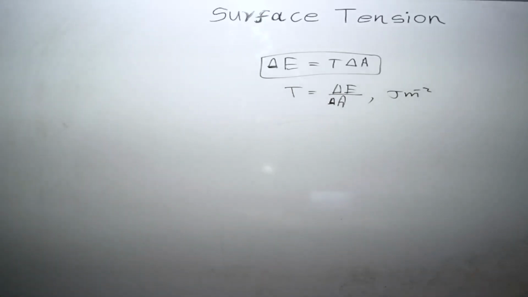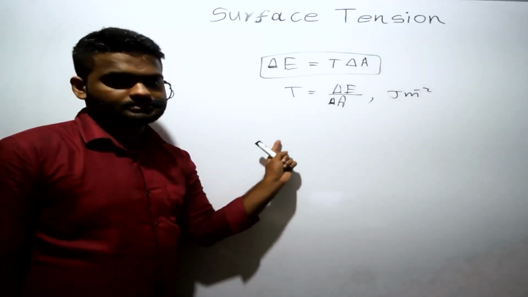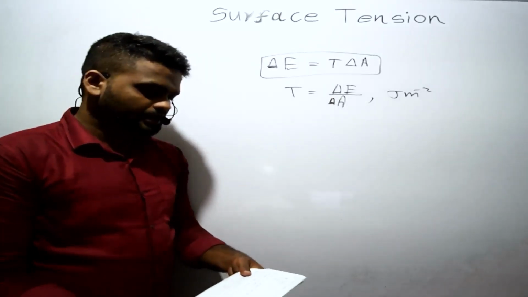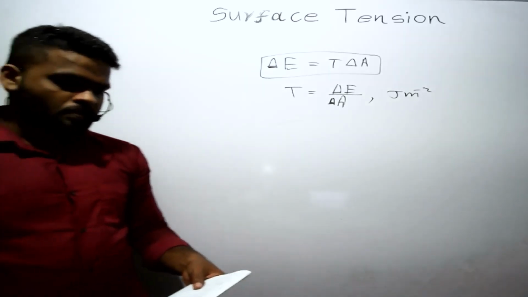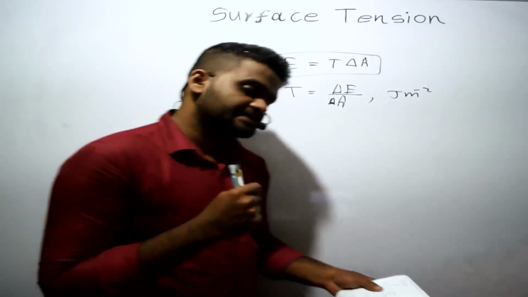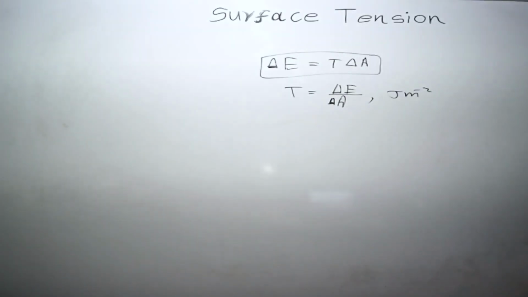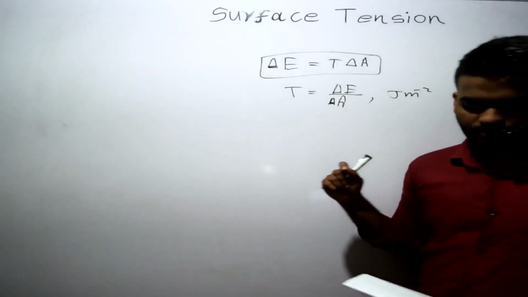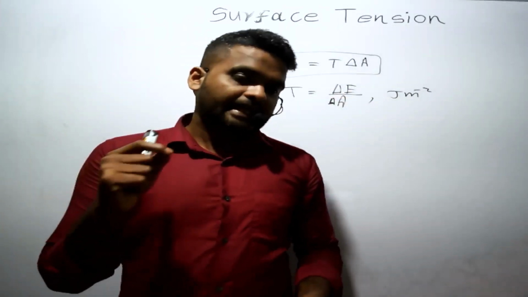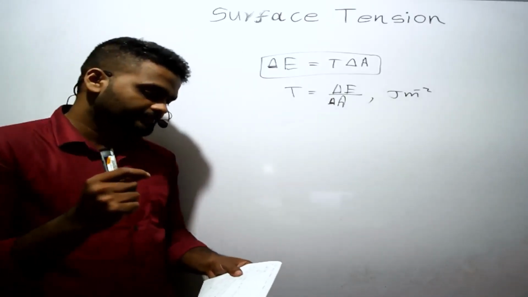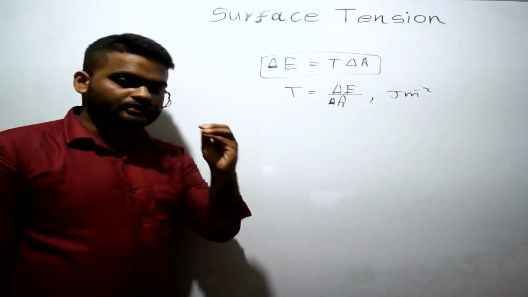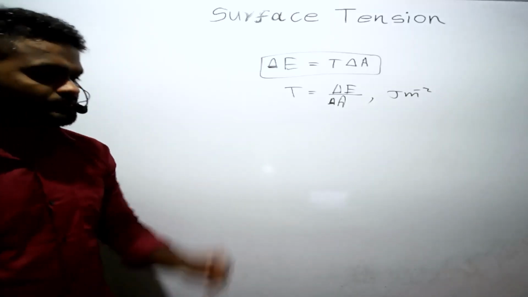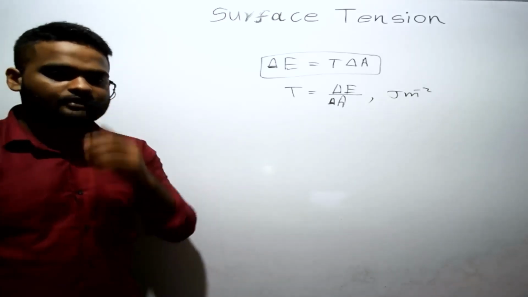Below that equation, write down: therefore, capital T can be considered as work required to increase the surface area by 1 unit.